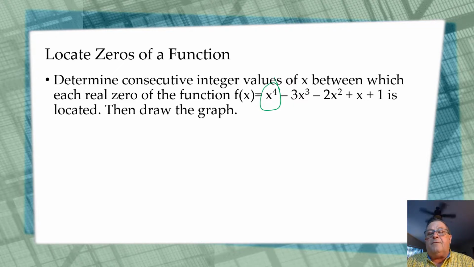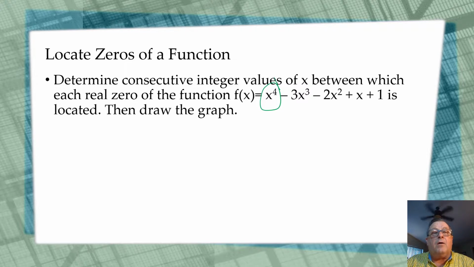Both left and right end behavior go towards infinity. We could possibly have 4 real zeros, or 2 real zeros, or no real zeros. We'll learn more about that later, but the most real zeros we can have are 4. There will be 3 turning points, which is always the exponent less 1.